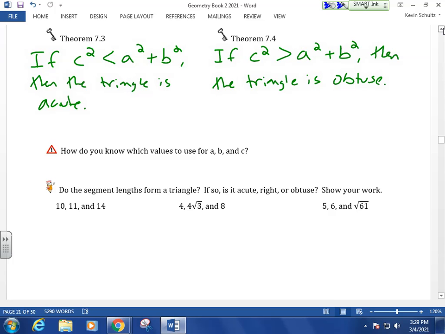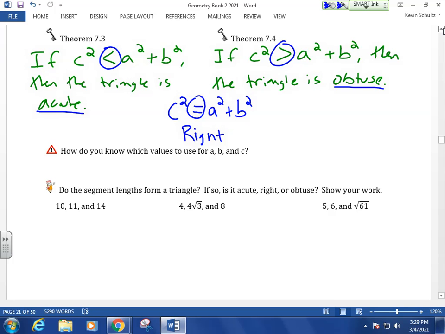C squared is less than, think less than 90 degrees, it's going to be an acute triangle. If c squared is equal to a squared plus b squared, which is what the Pythagorean theorem says, think equal to 90, it's going to be a right triangle, right? If c squared is greater than a squared plus b squared, think greater than 90, and it's going to be obtuse.